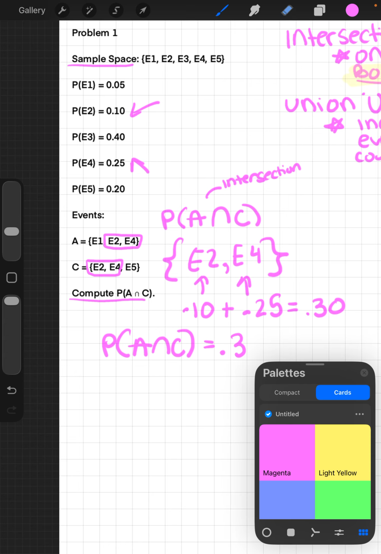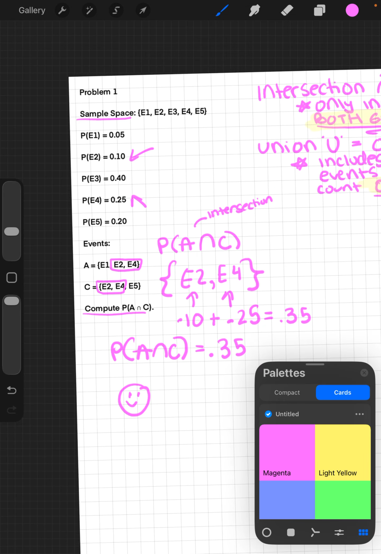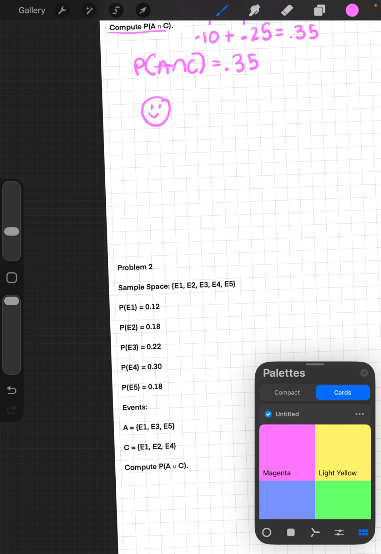Oh wait, it's 0.35. My bad, I don't want to confuse anybody. And this is that one. Yay! So we did this one, and now we're going to do the next one.